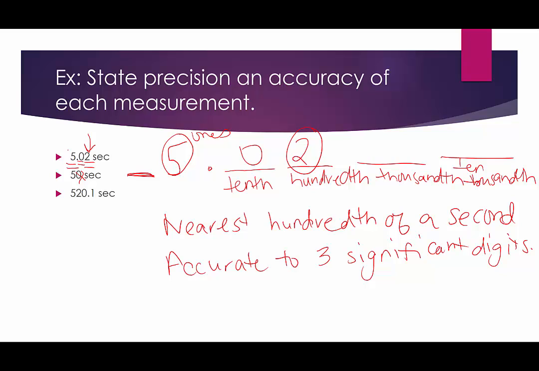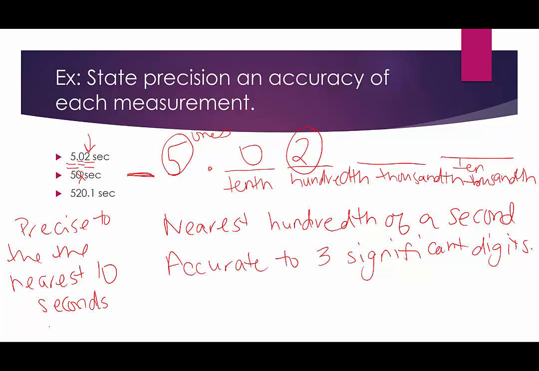So your precision would be precise to the nearest 10 seconds. And then of course how many significant digits, so it would be accurate to 1 significant digit.